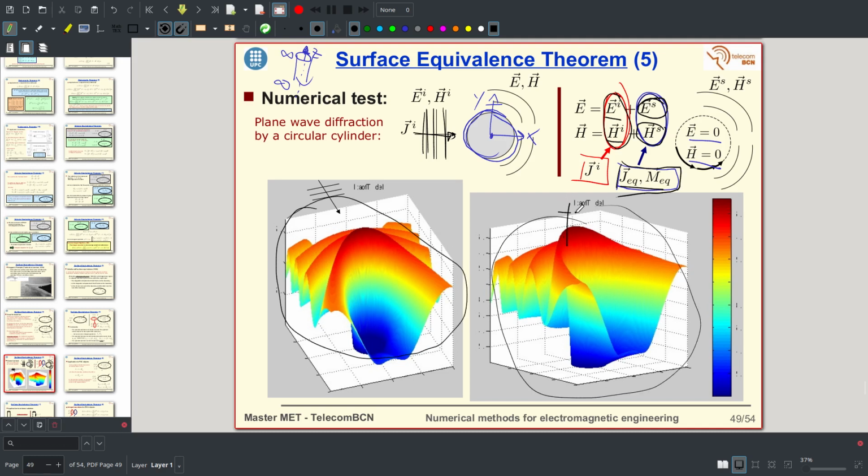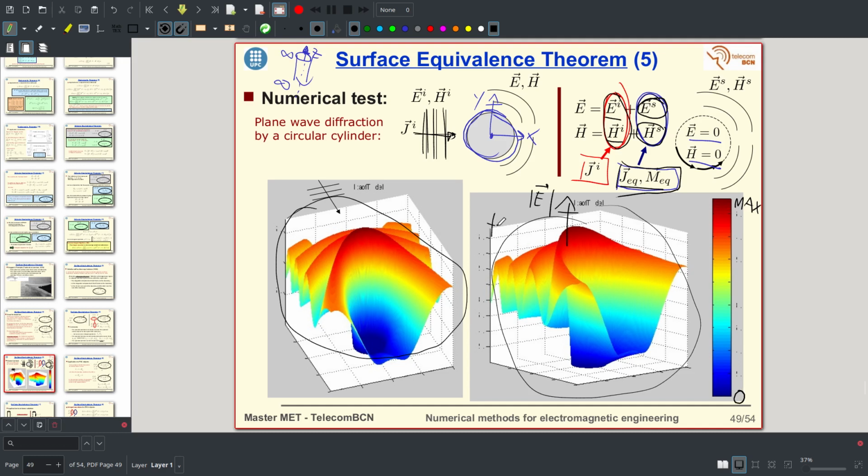Here is another view of the same field. The vertical axis is the modulus of the total field, okay? The color is a red scale, so the color scale shows the magnitude of the field: red is the maximum magnitude of the field, and dark blue is 0, okay?